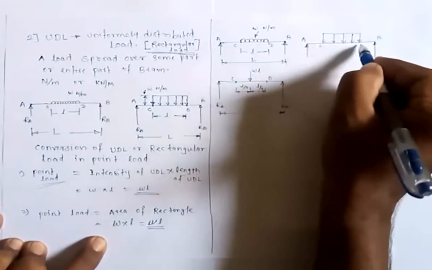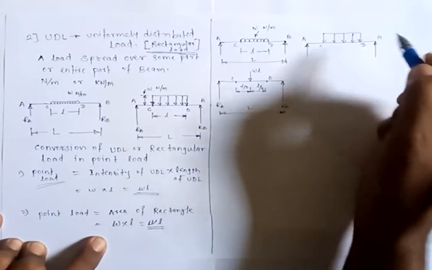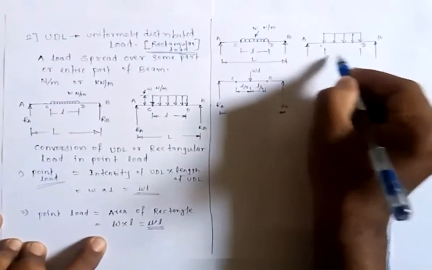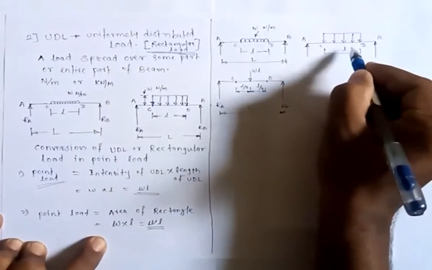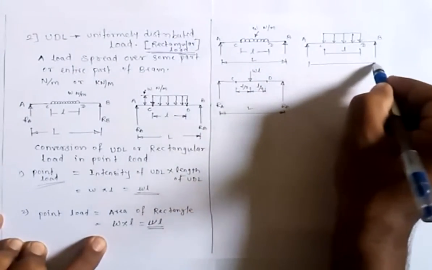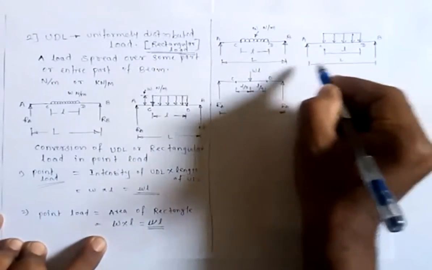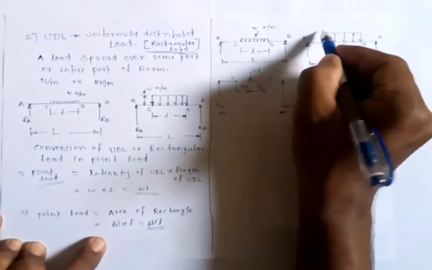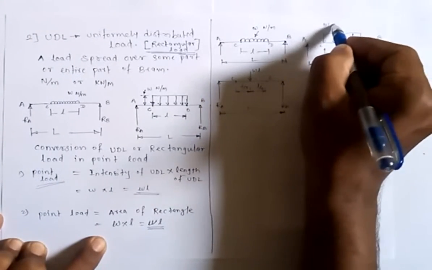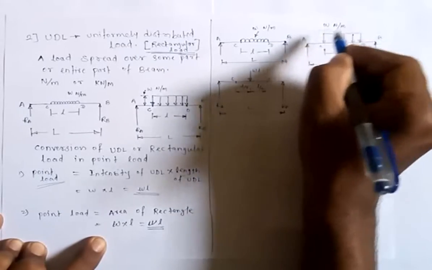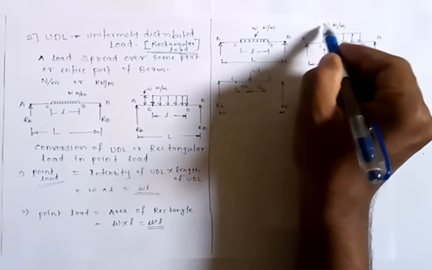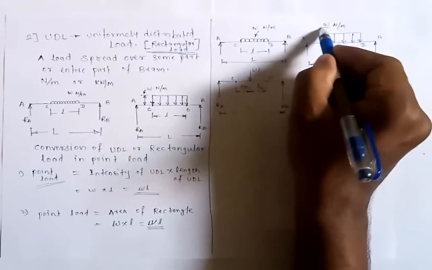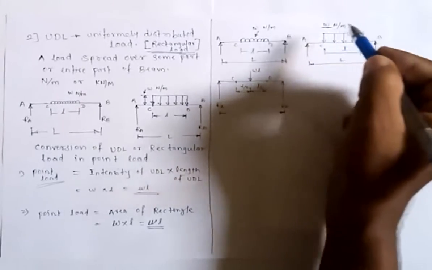This is C and this is D. So this is small l and this is capital L. Small l is the length of rectangular load while capital L is the length of beam. While the intensity of this rectangular load is given as W Newton per meter. Now sometimes it will be shown like this. So that intensity is nothing but height of the rectangle over here.